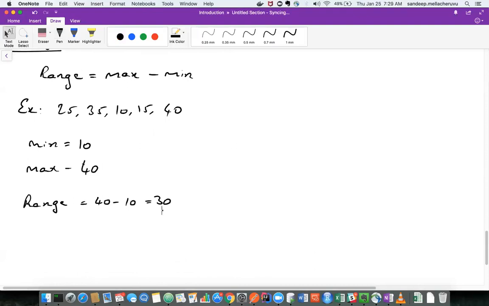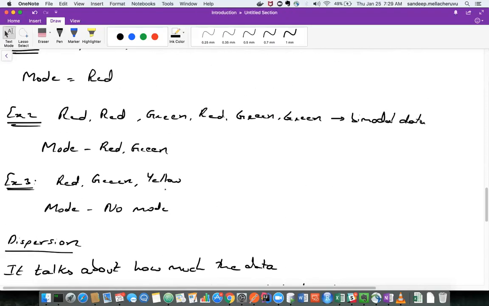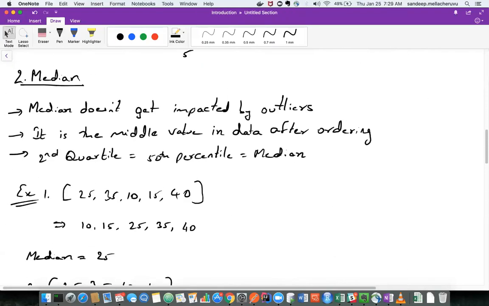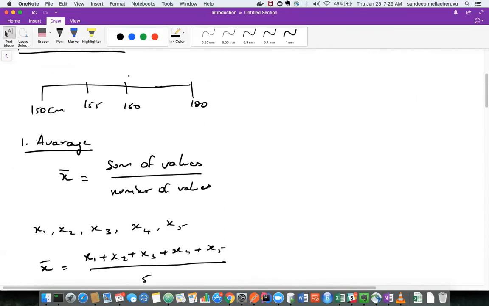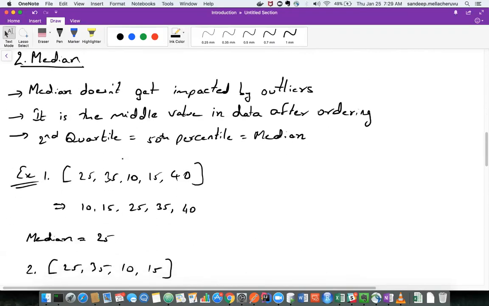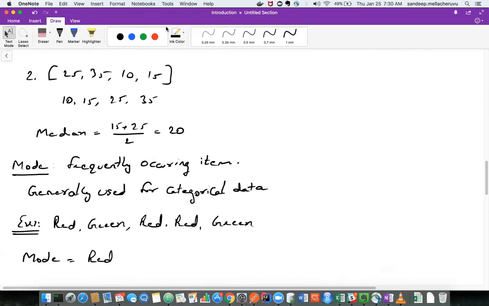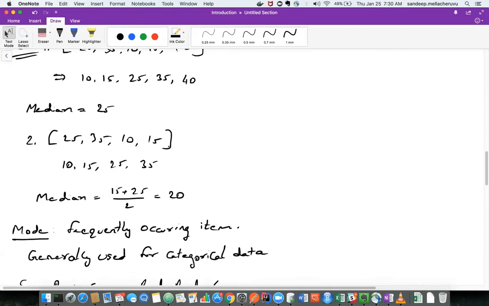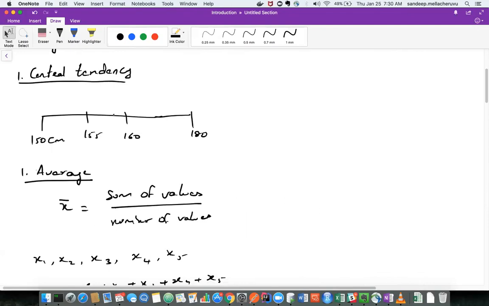So your central tendency is only talking about the middle value, right? Either it is an average or median or mode. It just talks about the middle value. It's not talking about how much it is deviated from the center.